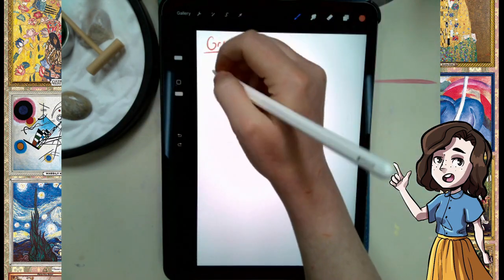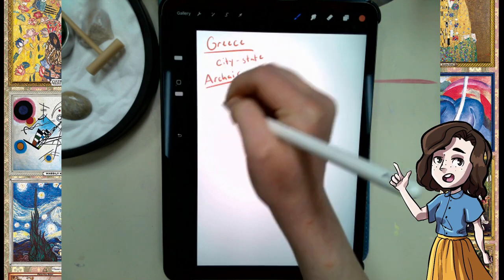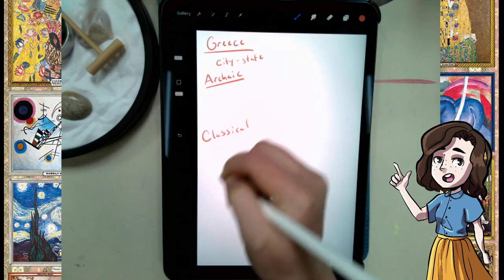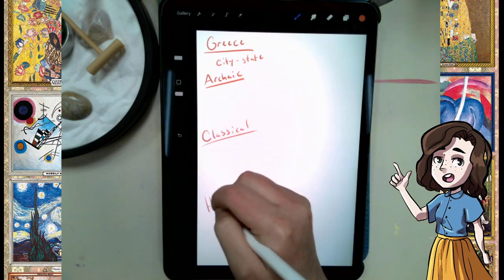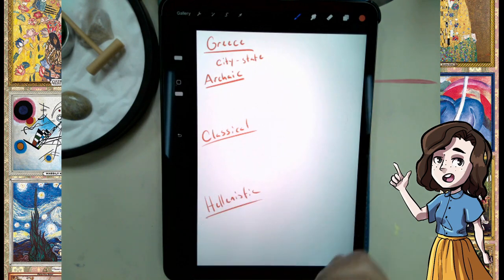Time-wise, we have three major time periods with the Greeks: archaic, classical, and Hellenistic.